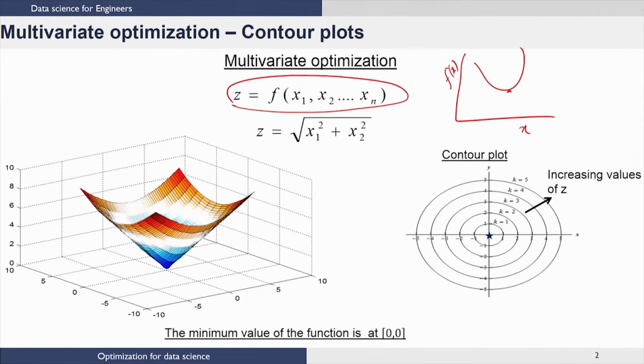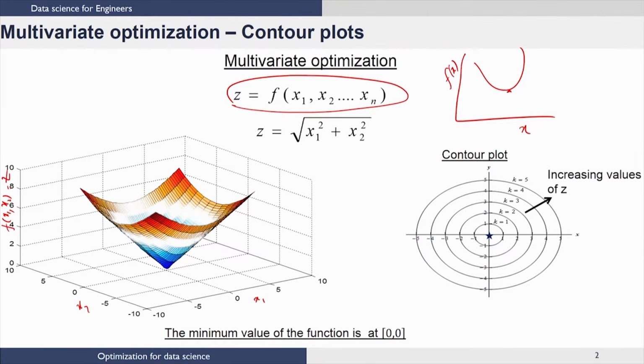Even for two decision variables, we need to go to 3 dimensions. If this is x1 and this is x2, I need a third dimension to describe the value of the function f of x1, x2 equal to z. So, the objective function value becomes the third axis.